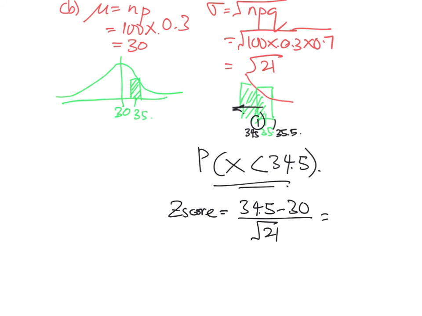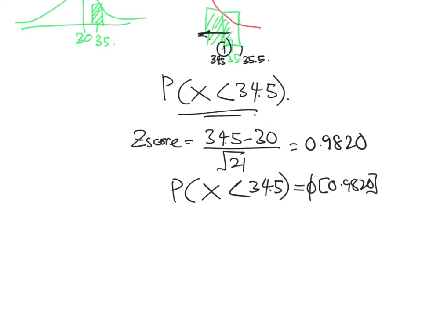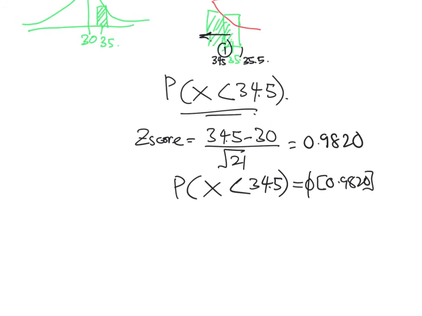The answer is 0.9820. Now to find the probability for x less than 34.5, we use phi of 0.9820. This is where we use MF19.